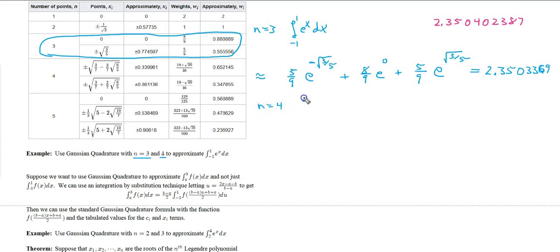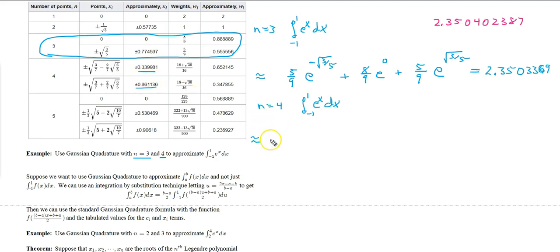In which case we're going to get the integral from -1 to 1. Now using all of these values down here, I'm going to use the approximations instead of writing out these exact values like we did previously. It was easy to write root 3 over 5. I'm just going to use the approximate values here.